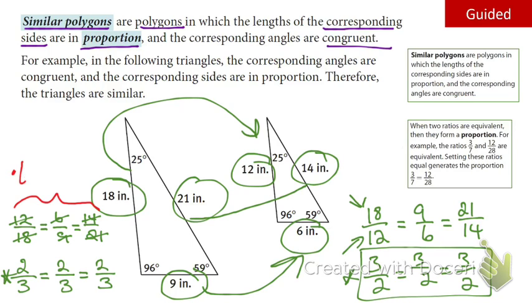So I would have had 0.67 equal to 0.67 equal to 0.67. And then over here on this one, I would have had 1.5 equal to 1.5 equal to 1.5. It doesn't matter how you do the ratio, as long as you can identify the fact that they are all the same. Let's move on.